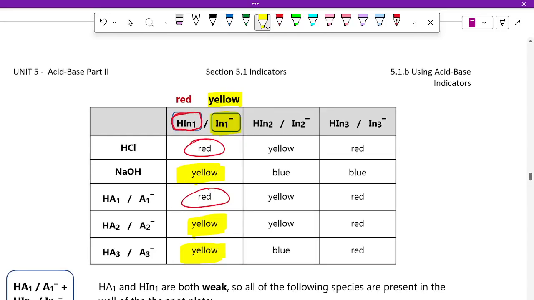And if we have HIn and HA, so if we're looking at those two together, we have got red. Yes? So if we put all of our species, we've got HA, A minus, HIn, In minus.